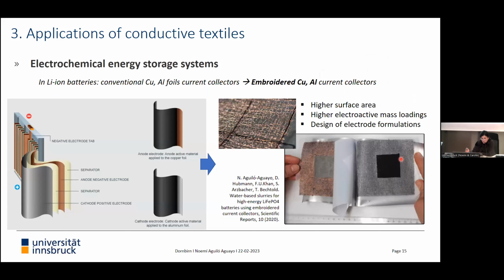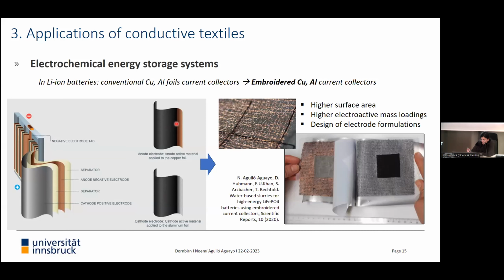Another application is for electrochemical energy storage systems, and this is where I've been working. In lithium-ion batteries, our idea was to substitute the conventional current collectors with conductive and porous textile structures. In a conventional battery, we have 2 electrodes separated by an insulator.